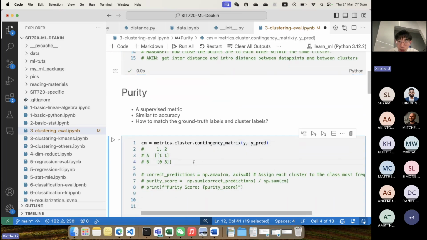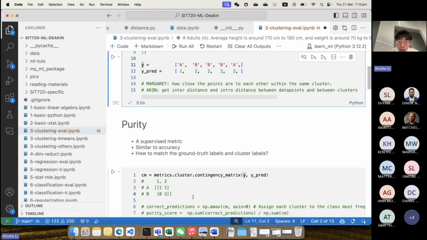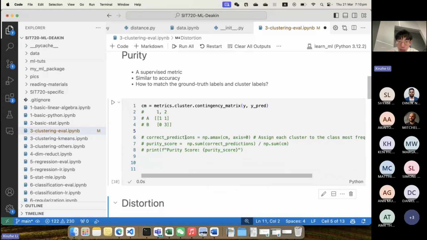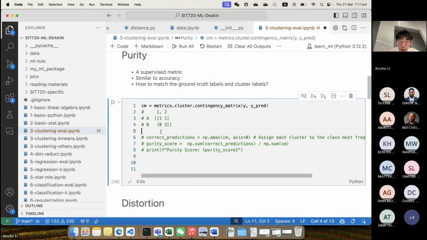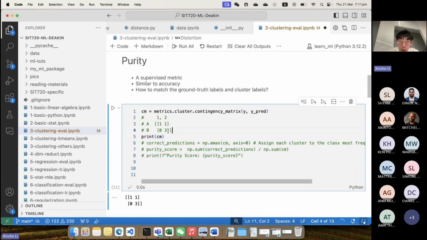So when you use these as input to calculate the contingency matrix, you will get something like this. I already copy-pasted it here to help you understand. You know what that is? The first row corresponds to the label A.